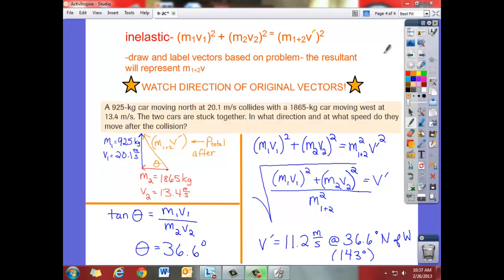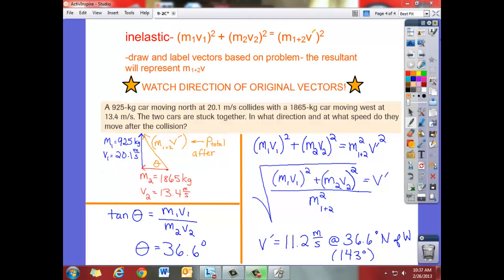Anytime you see parentheses on this screen here, you should be using parentheses in your calculator with a times sign in between them. I would do the numerator first, get an answer, then divide by the denominator. When I plug all that in, I get a final velocity. They're combined, so it's just one v prime of 11.2 meters per second at 36.6 degrees. But because I'm in the second quadrant, I have to say north of west or 143 degrees.